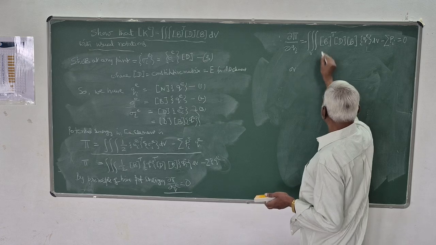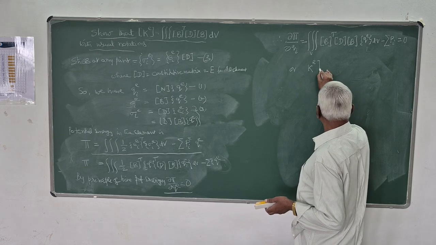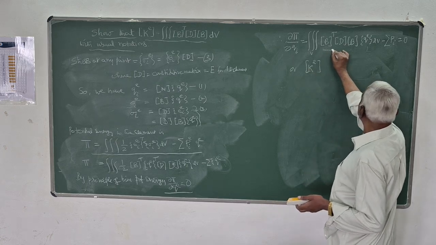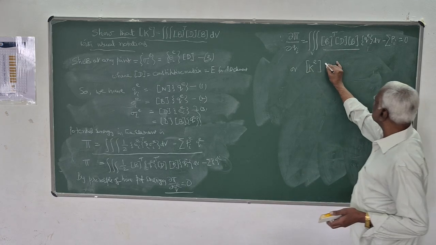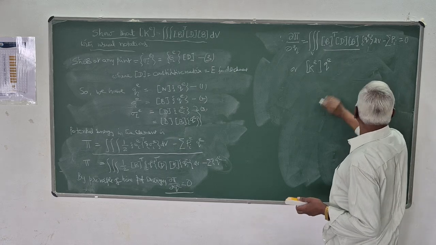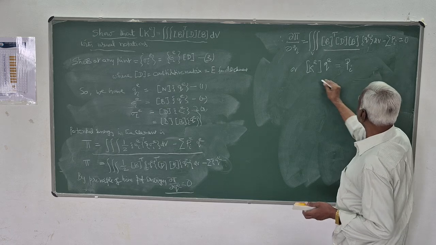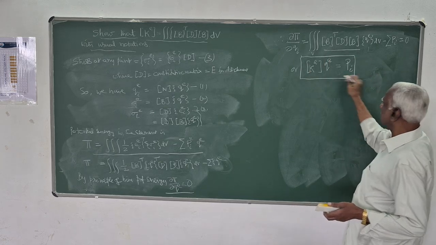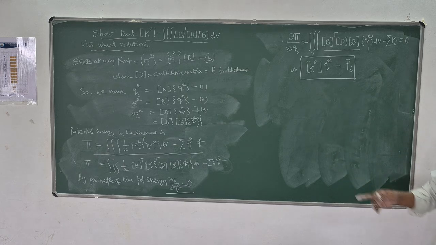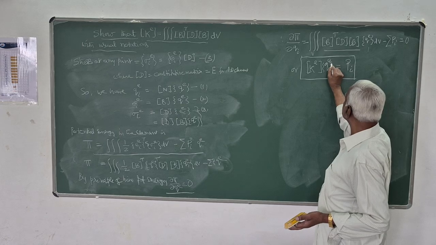Or I can write this relationship as KE QE equals P. P is equal to K Q, stiffness matrix into nodal displacement.